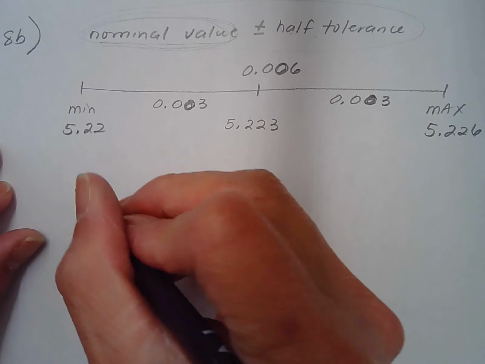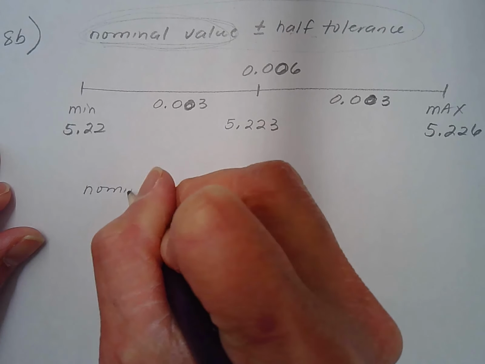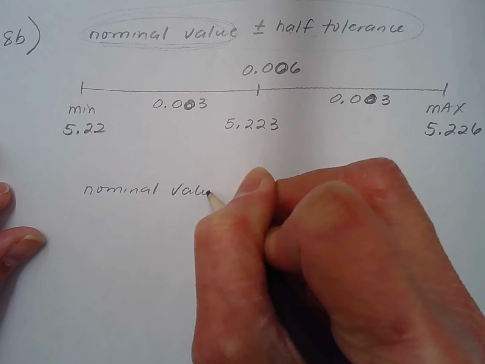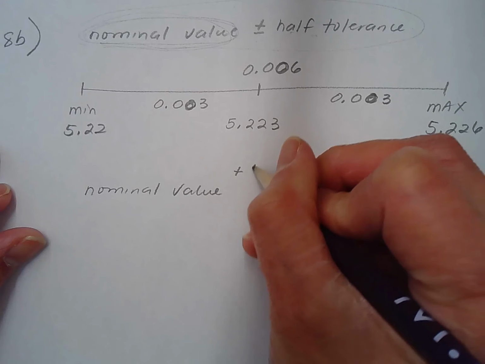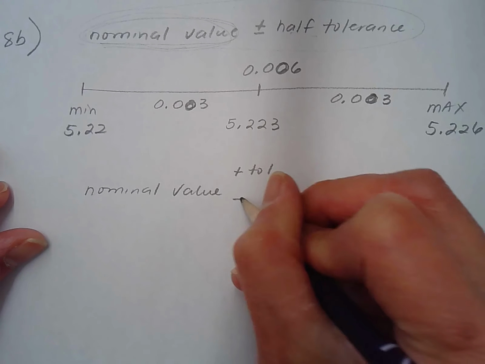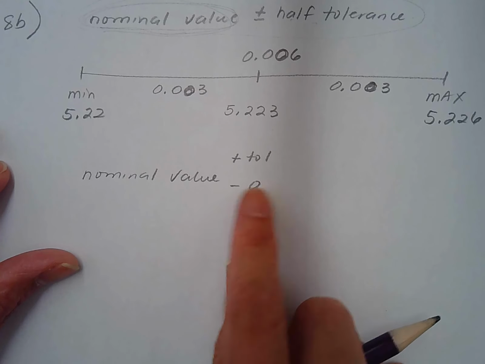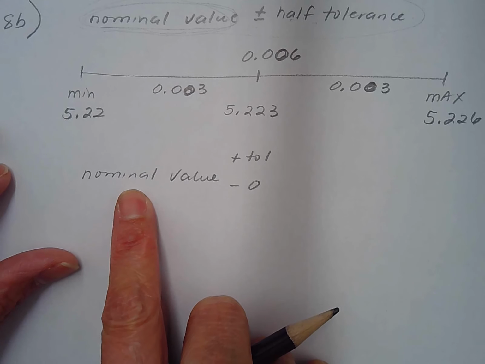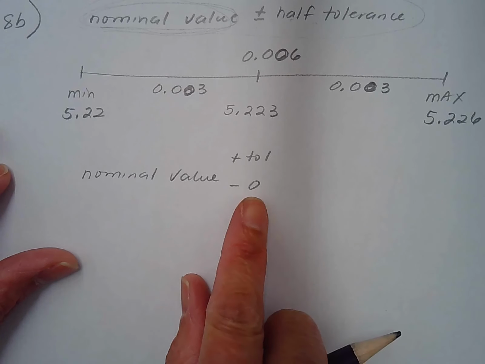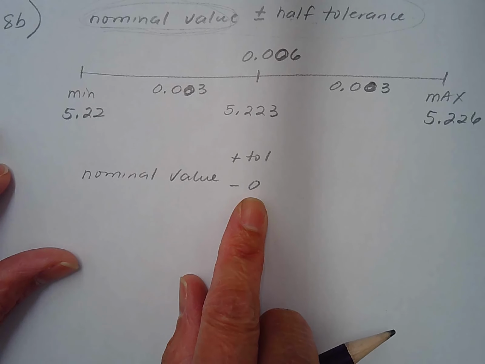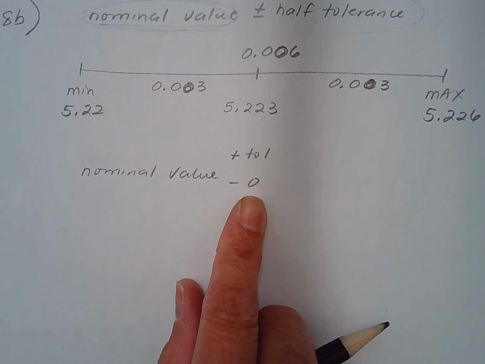The other one would be the nominal value plus tolerance minus 0. I think that's the one that they already have in here, right? Nominal value, our target value. That means you can't go any lower. You can't go any lower.